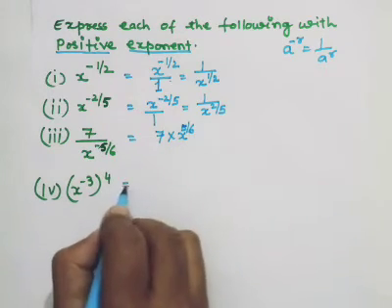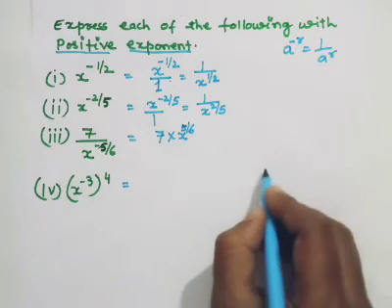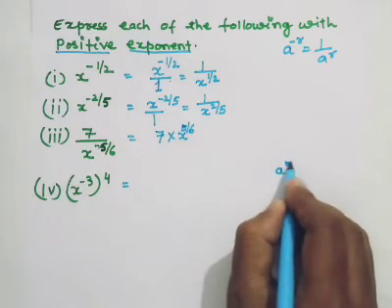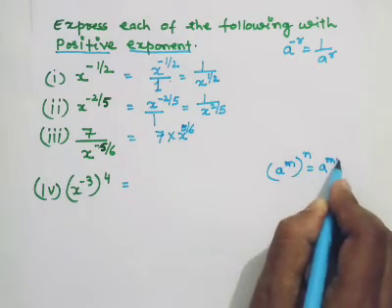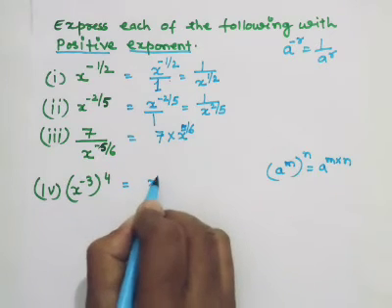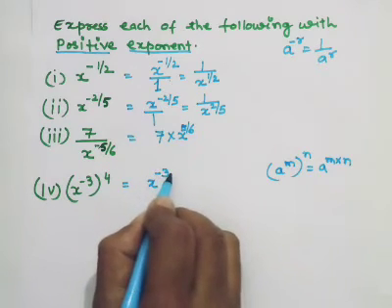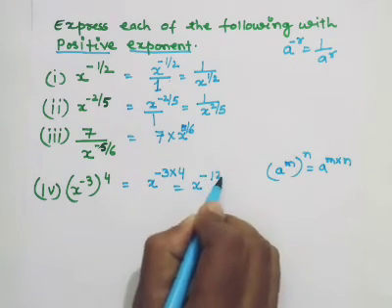Now see here, a to the power m whole to the power n. Here you have to use two laws. A to the power m whole to the power n is a to the power m into n. First this will become x to the power minus 3 into 4, which will become x to the power minus 12.